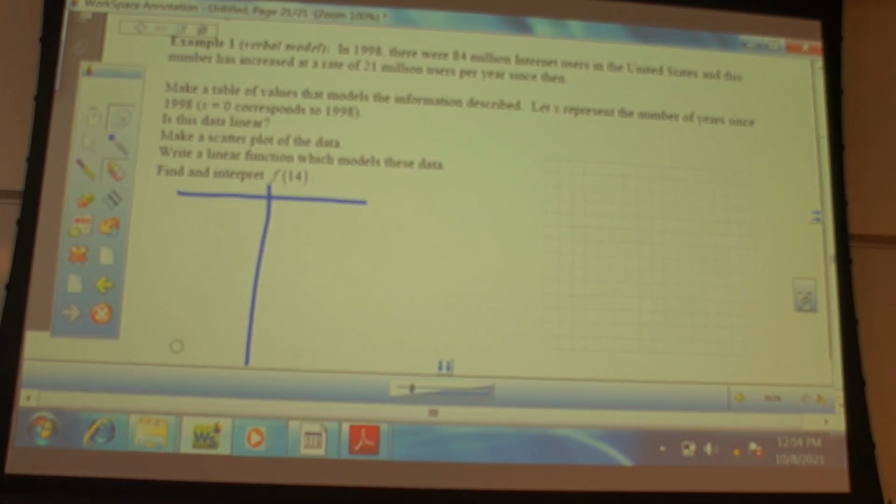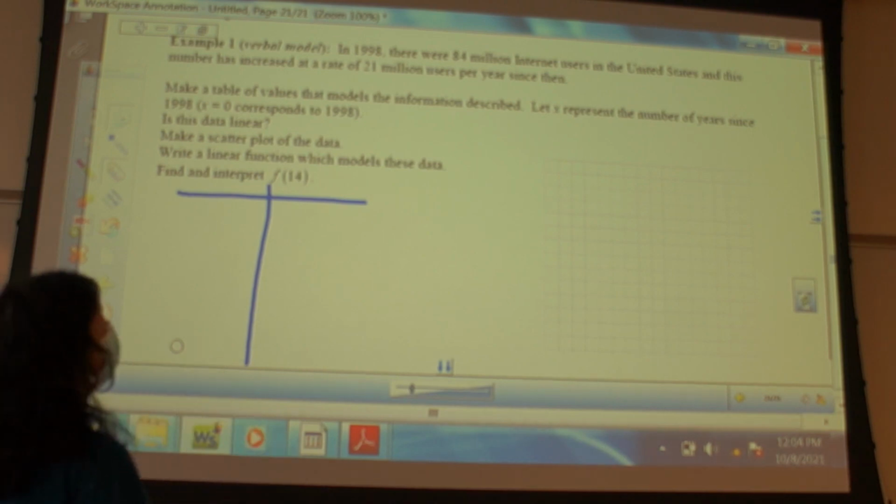Everyone take 30 seconds and think to yourself, what are the 2 things that are changing in this problem? Years. The year is changing. The number of users? Yes, and the number of users. So those are my two variables.